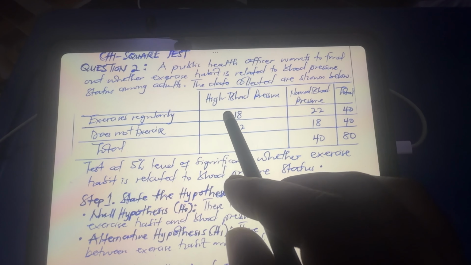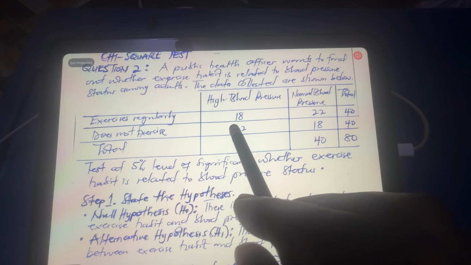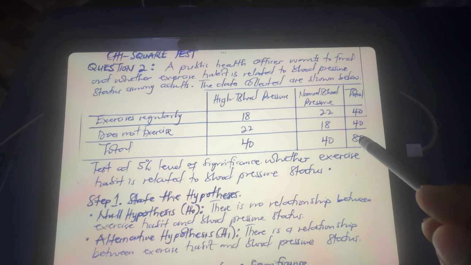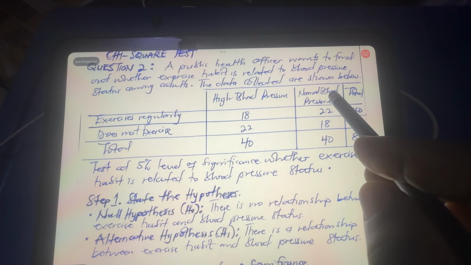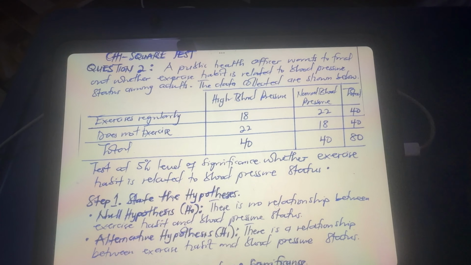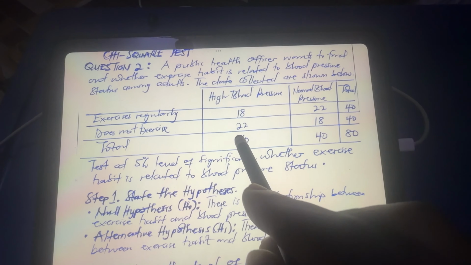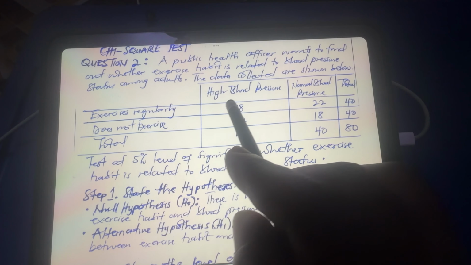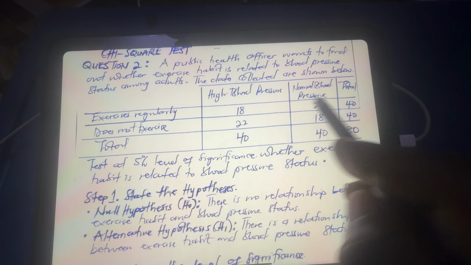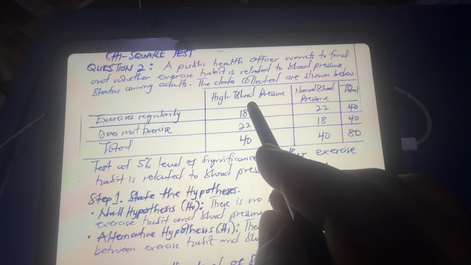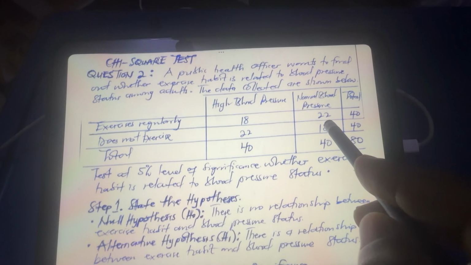We count the rows where we have the frequencies, not where we have the totals and where we've written the variables. That area is not counted. Where we have the frequencies is the only place we count. So we have 2 rows, 1, 2, 2 columns, 1, 2.